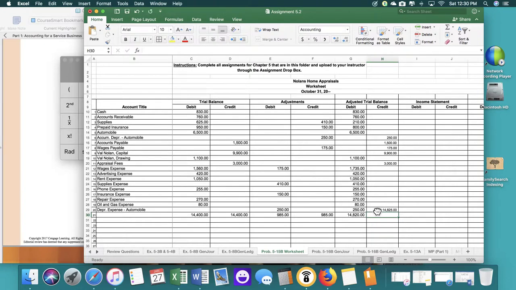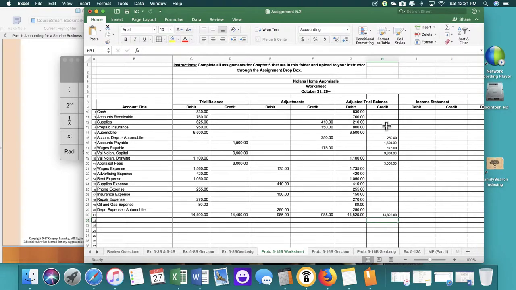Oops, entered it into the wrong cell. It looks like I might be off somewhere. So it looks like I'm off by $5.